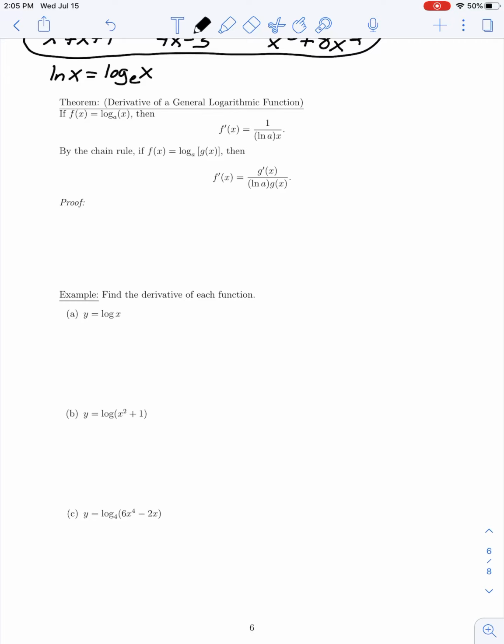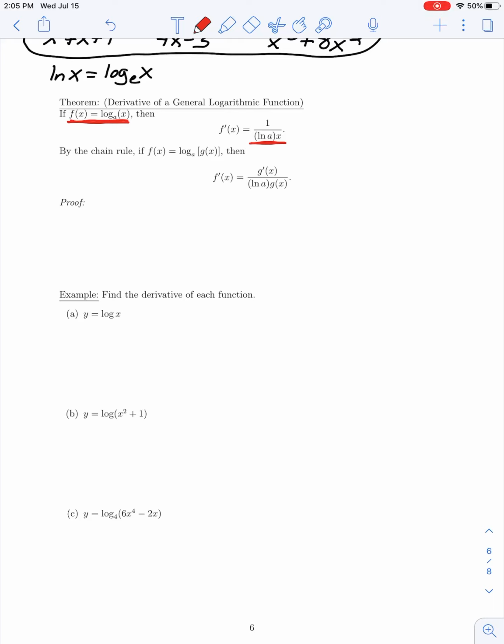So in general, if we're considering a logarithmic function with an arbitrary base a, then the derivative of that function is given by 1 over x times the natural log of that base, a. So that is 1 over the natural log of a times x.